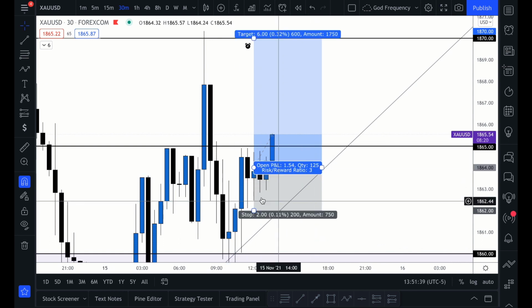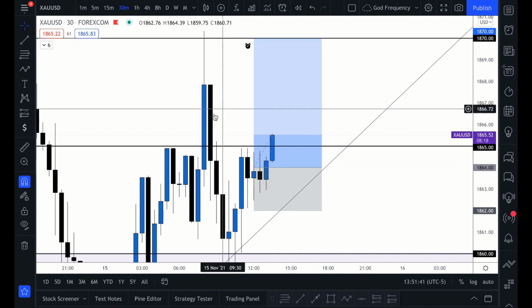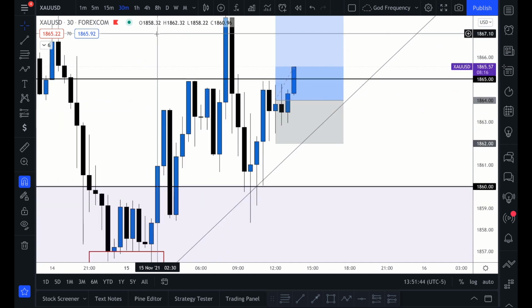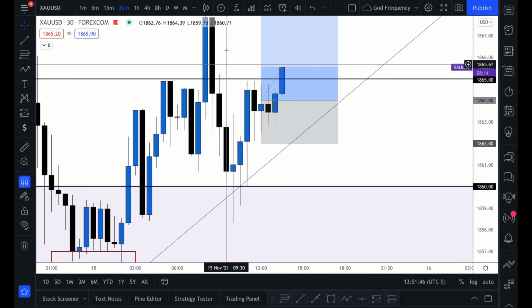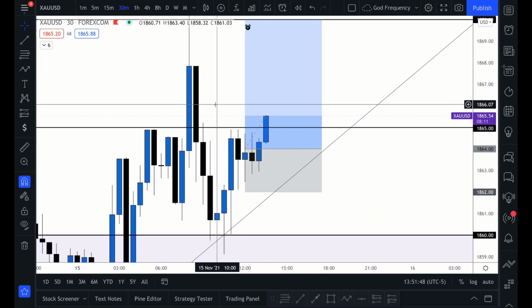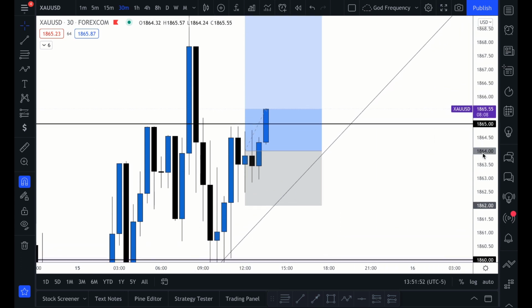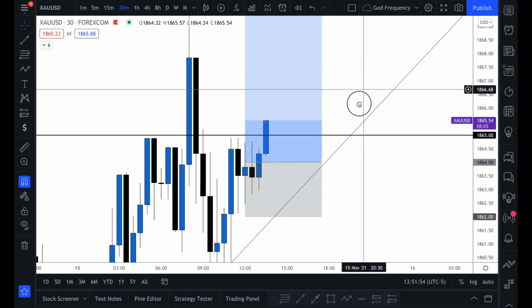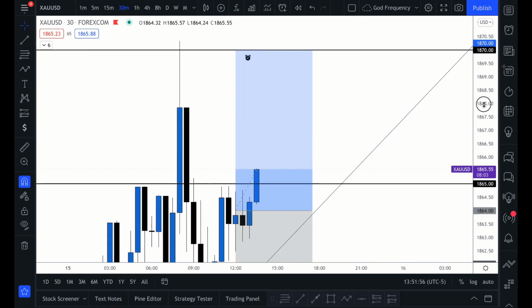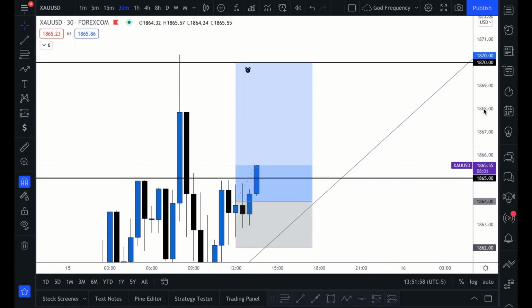In this instance, I'm anticipating price to pump higher just because during the New York session, we didn't see much volume, right? And so this is a trade that I've taken outside of my normal trading session, but because I'm very confident on my higher time frame analysis, I'm giving this a go.